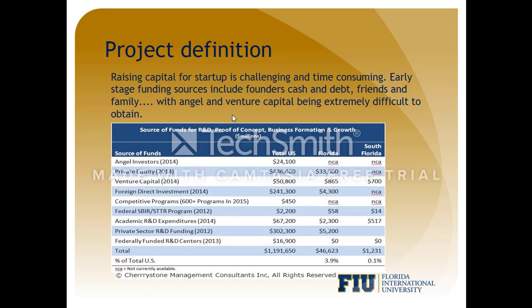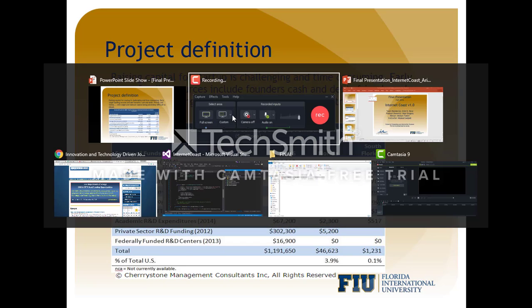In the middle, you will see the state of Florida and the total for the United States. So you can see that the amount of money that comes to South Florida is actually a minimum amount compared to Florida as a state, and if you compare to the United States, the numbers are even smaller.